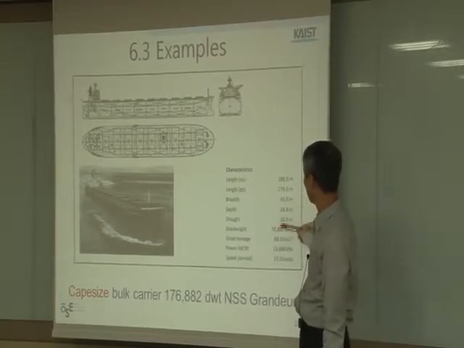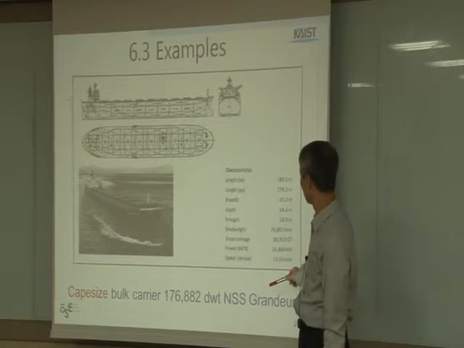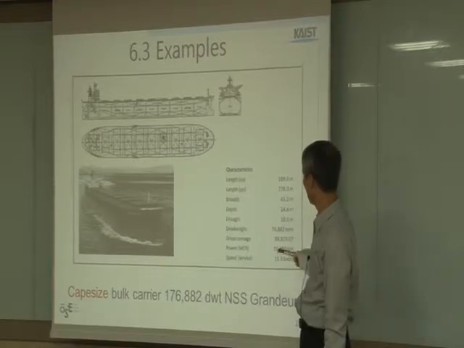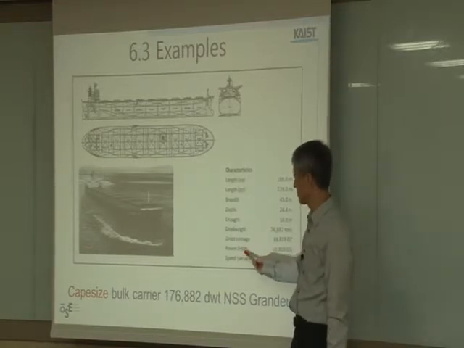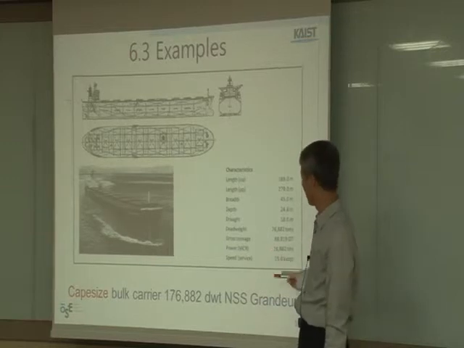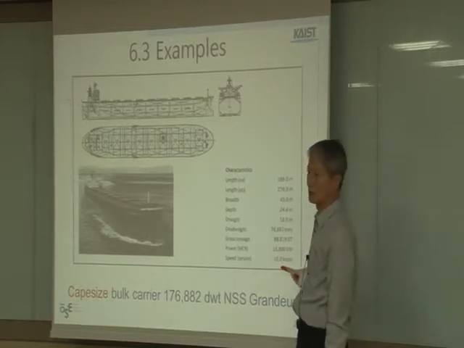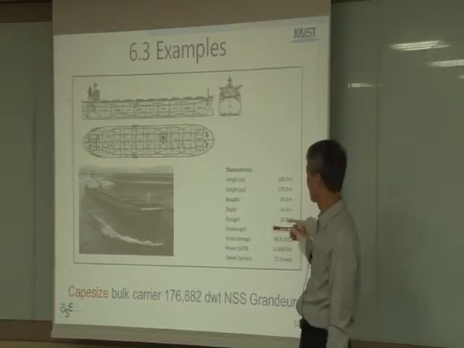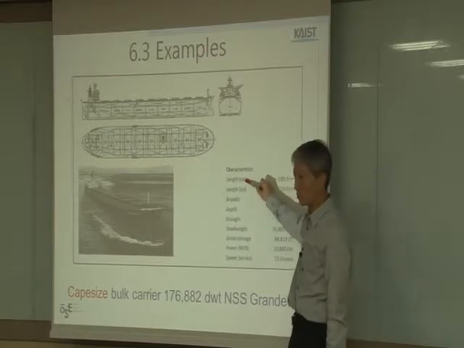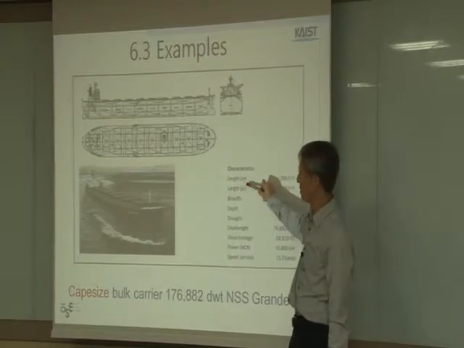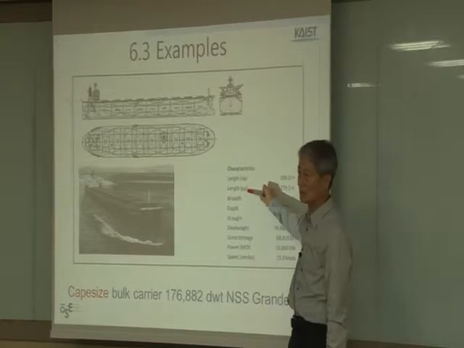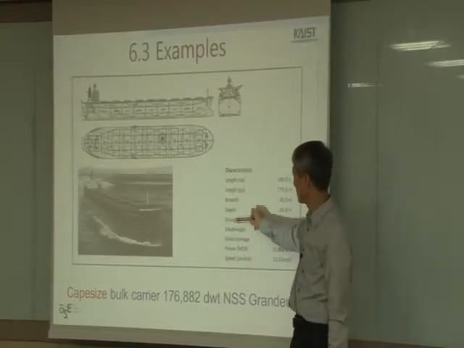Breadth, depth, draft, deadweight, gross tonnage, power, maximum continuous rating, engine size, speed, service speed. You should know what it means, right? Once again, you know what length overall and length between perpendiculars are, right? Breadth, where is depth and draft?